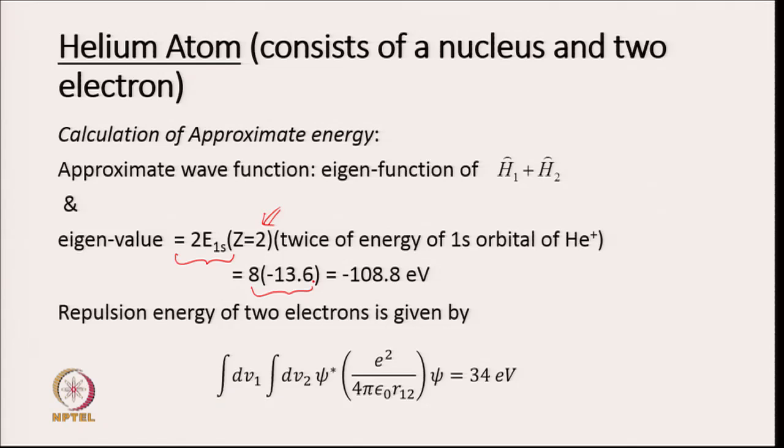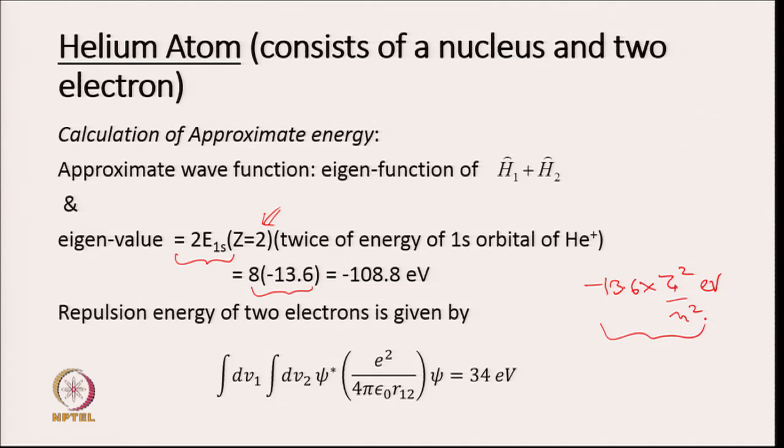If you remember, when we calculated the energy of the different orbits of the hydrogen atom, what we got is minus 13.6 into Z square by n square electron volt. So, the energy of the nth orbit of a hydrogen atom or hydrogen-like atom will be given by this equation.